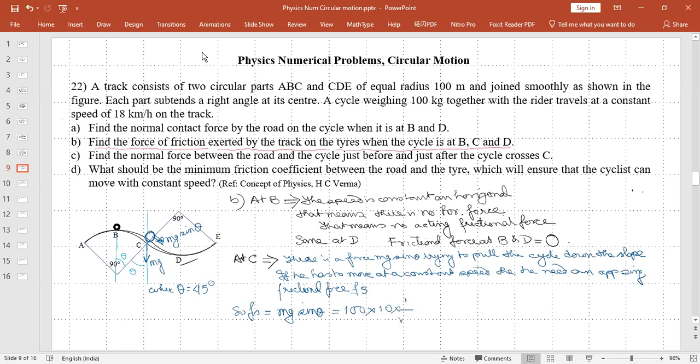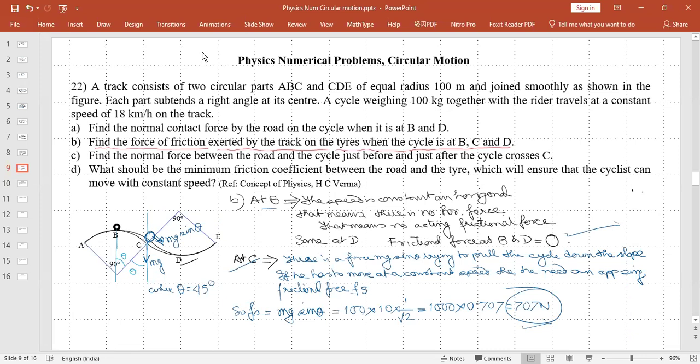Sine 45 is 1 by root 2, so 1000 multiplied by 1 upon root 2, which is 0.707, equal to 707 Newton. So the frictional force at C is 707 Newton and frictional force at D is 0.